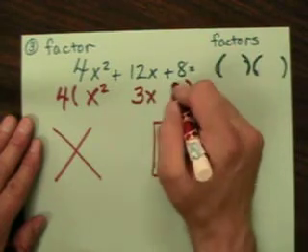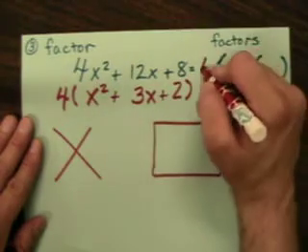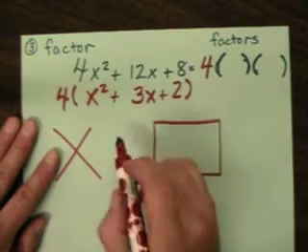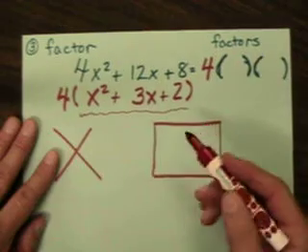And 8 divided by 4 will be 2. I'm going to go ahead and put this factor out here as part of my answer because I don't want to lose it. But this makes it easier because now I'm going to factor this easier expression.